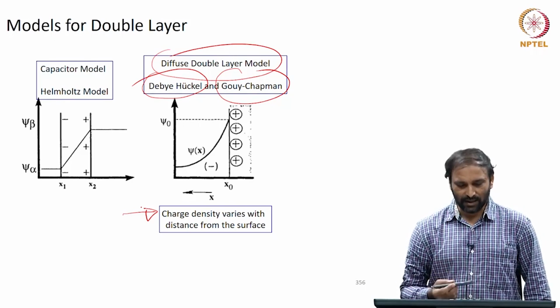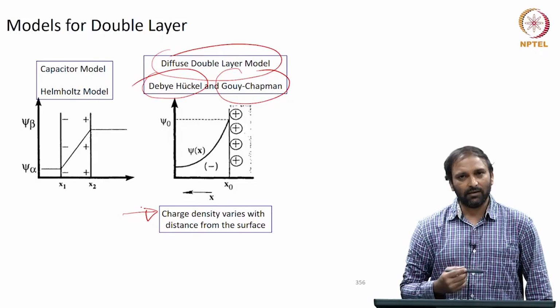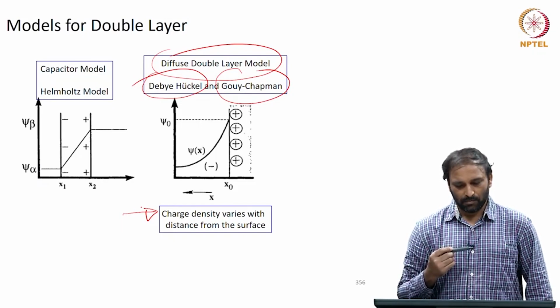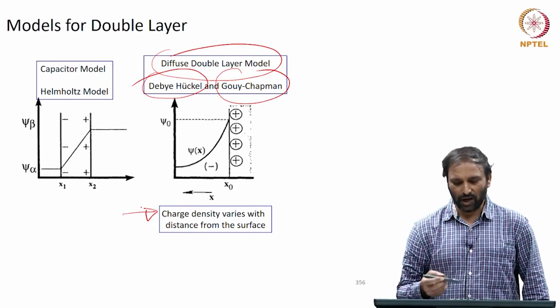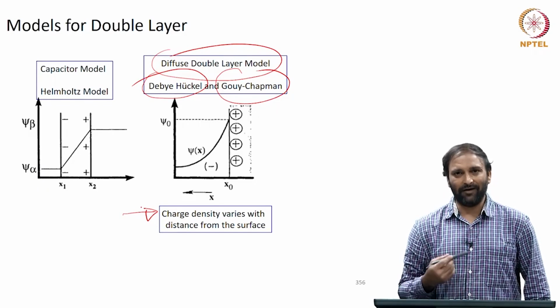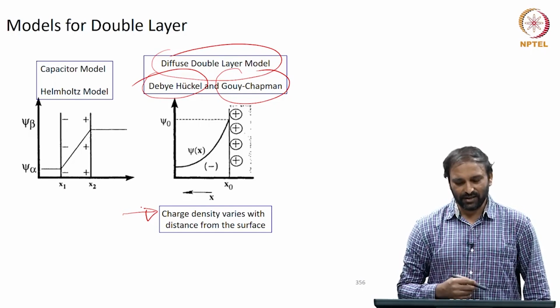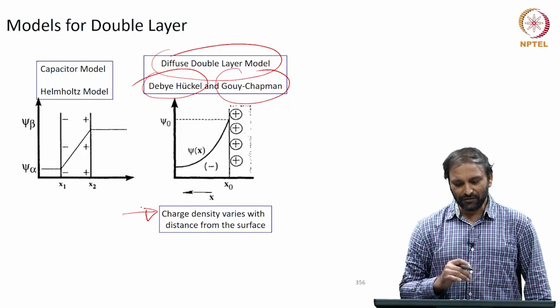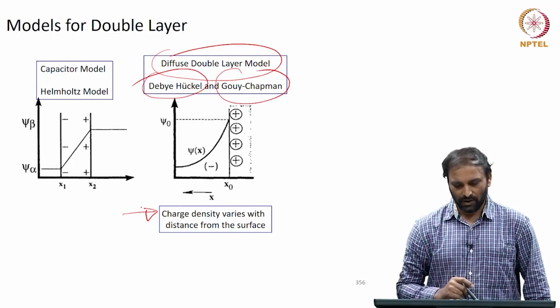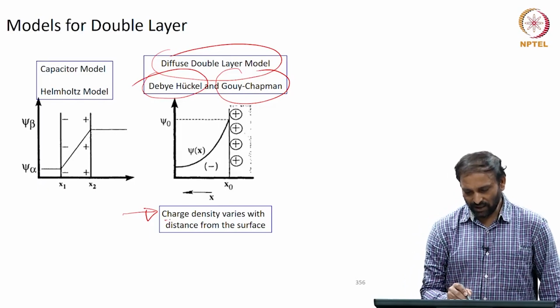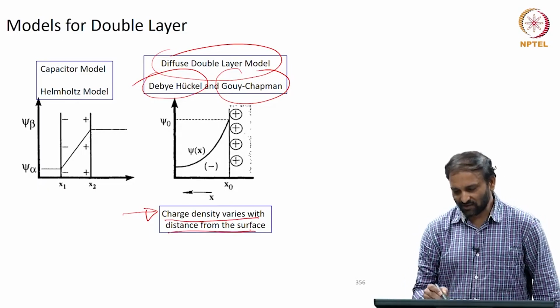The idea is that the counter ions and the co-ions that you have in the solution do have thermal energy, and because of this thermal energy there is a more diffuse distribution of counter ions in solution, that is, the charge density varies with distance from the surface.